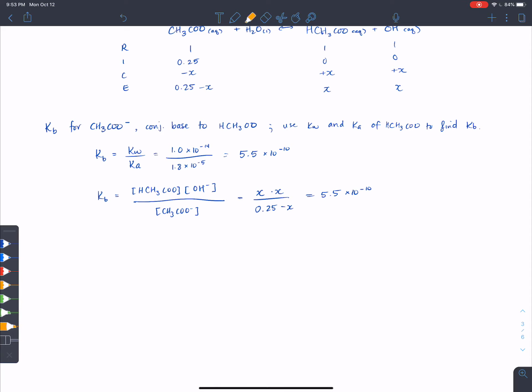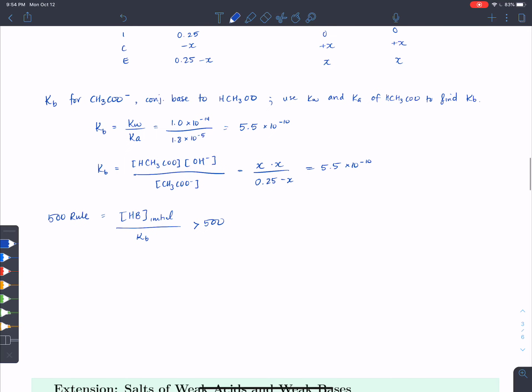Now, it's important to note the 500 rule in this case, and that rule being that if the concentration of our base, right, over the ionization constant of our base is greater than 500, then we can say that the negative x in the denominator is negligible.